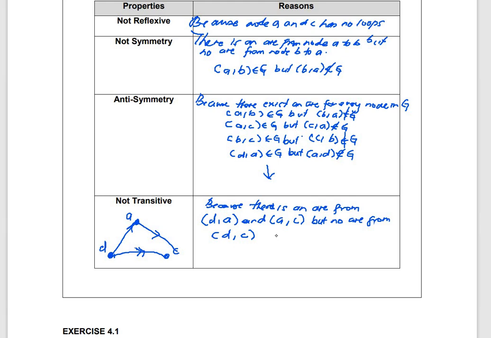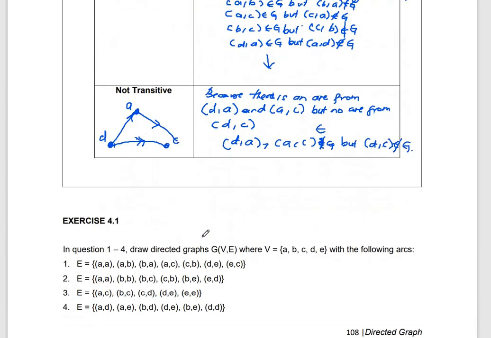So, kat sini, maksudnya D, A, C in G, but DC not in G. Okay? Okay.